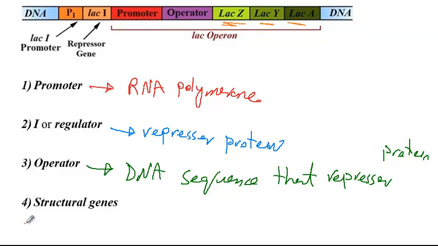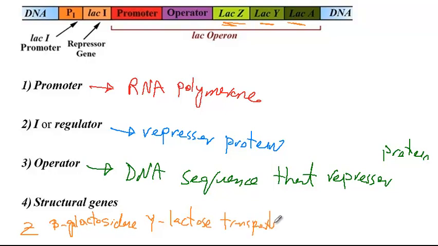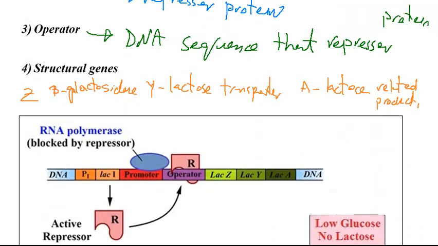And so Z codes for beta galactosidase, Y codes for lactose transporter, and then A codes for enzymes that actually break down the lactose related products.